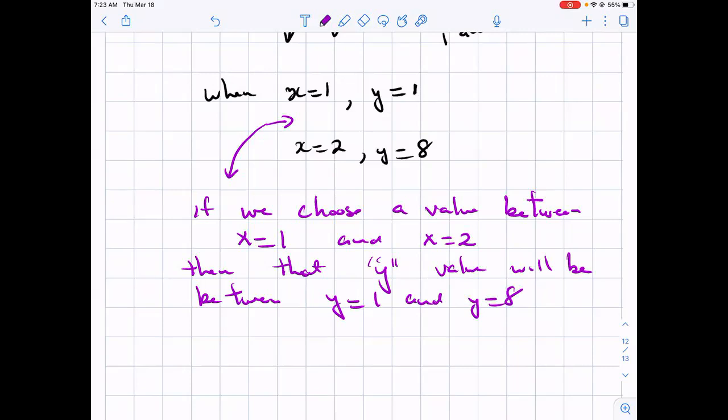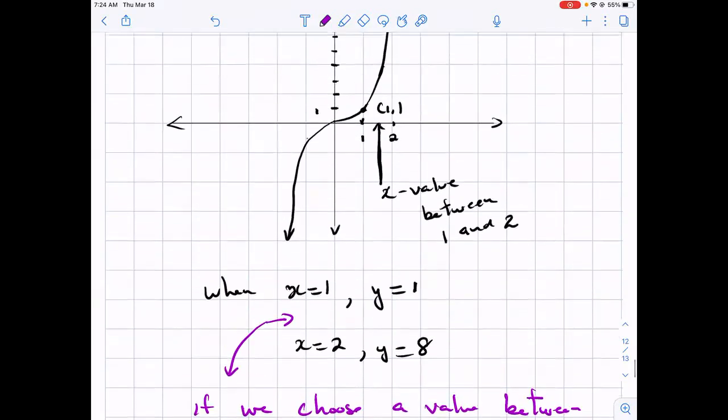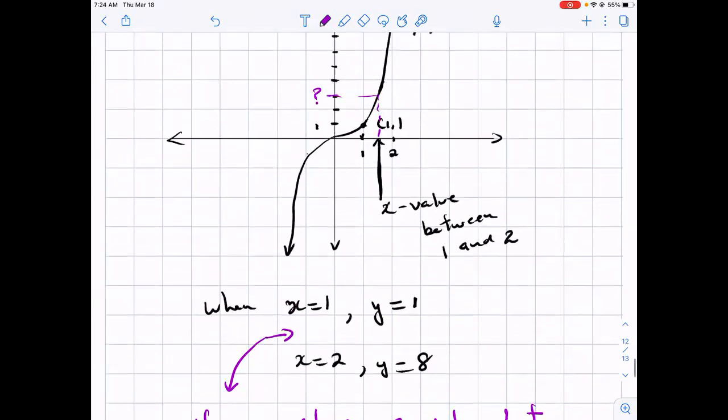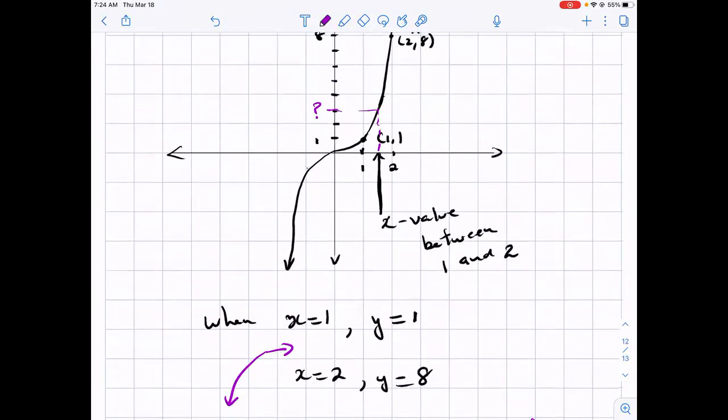That's what we're saying. And that makes sense because if we pick a value here, that value will be up here, which is between 1 and 8. We'll talk more about the intermediate value theorem.